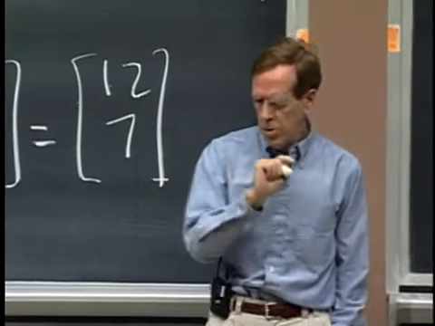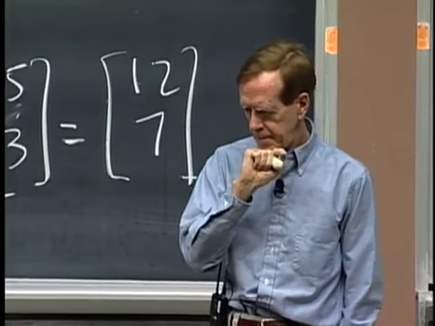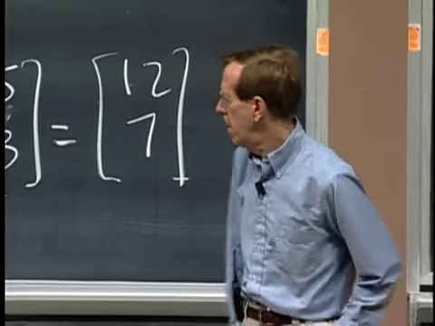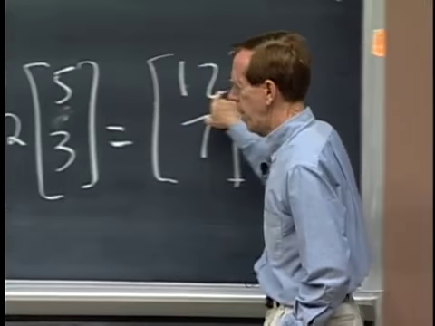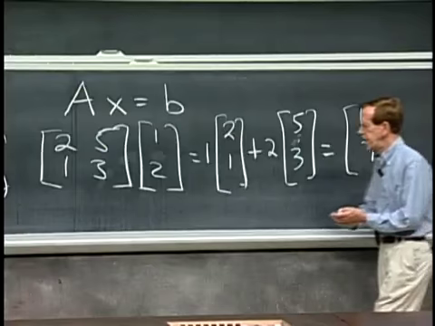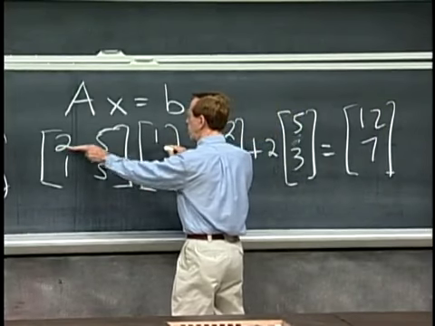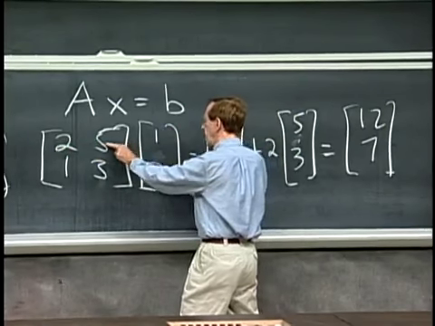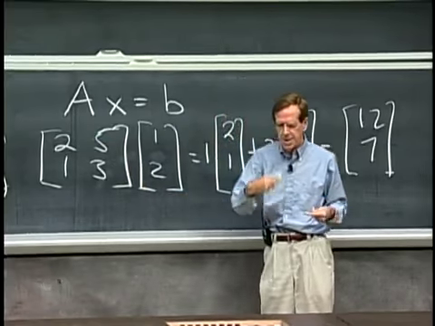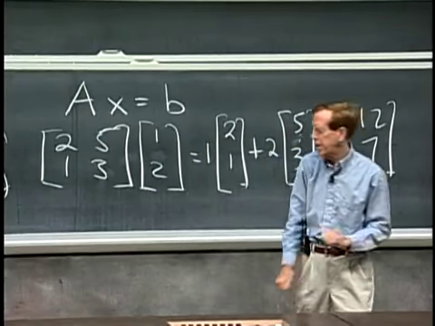Now, you could do that another way. You could do it a row at a time. You would get this 12, and actually I pretty much did it this way. I could take that row times my vector. This is the idea of a dot product.